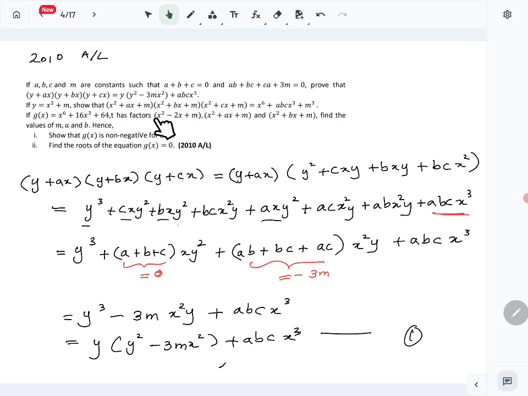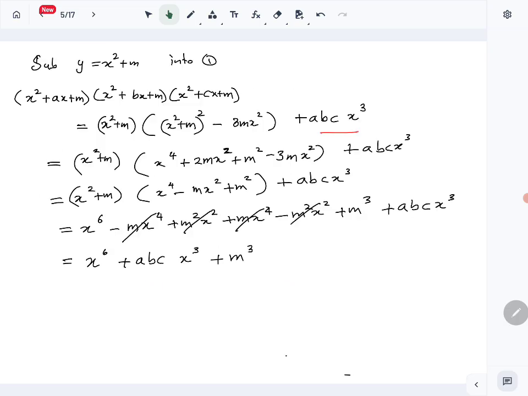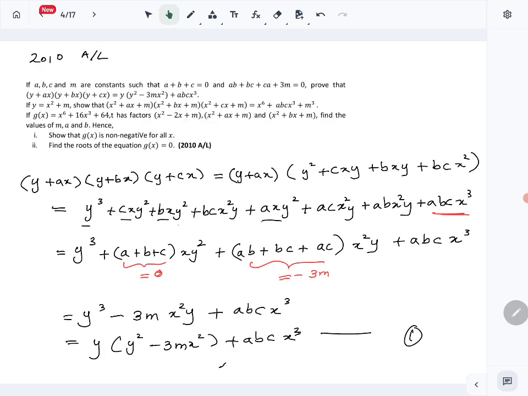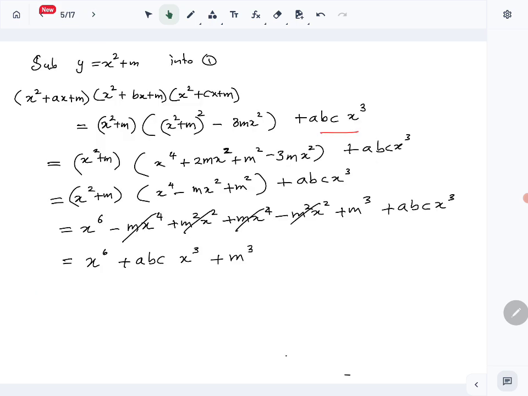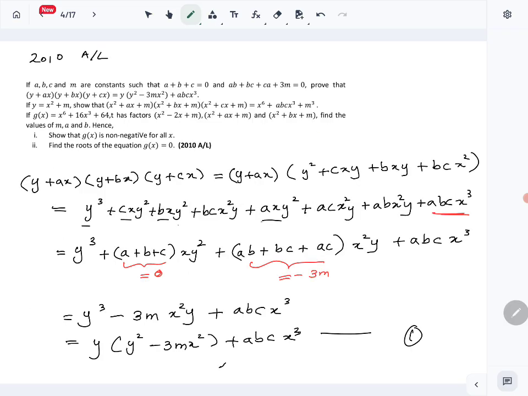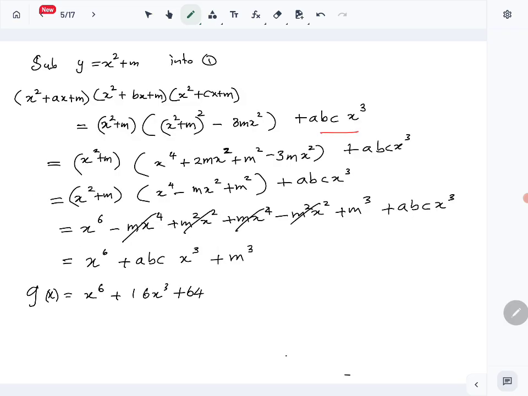So let's see, right? g of x is what? g of x is x to the 6 plus 16 x cube plus 64. So then that means what? We'll compare it with this.